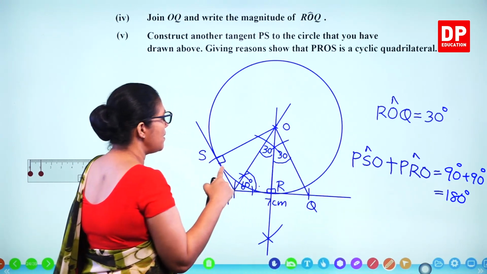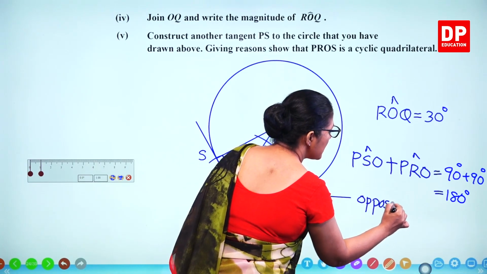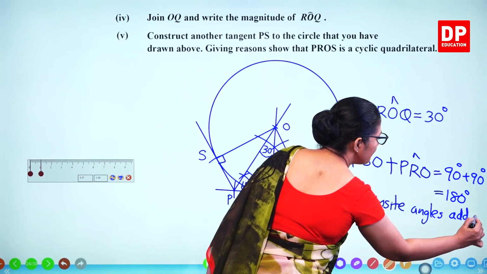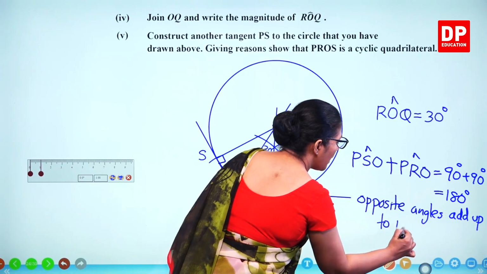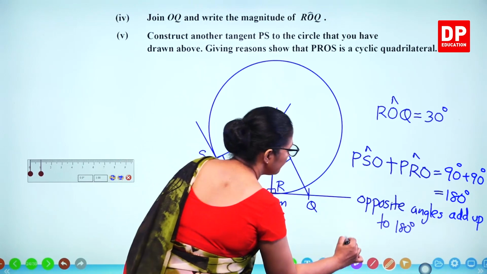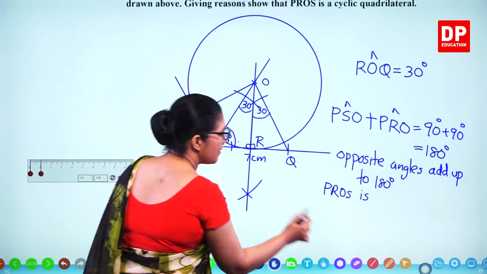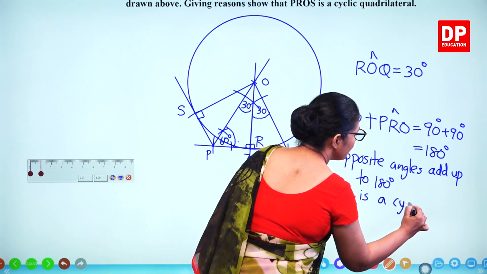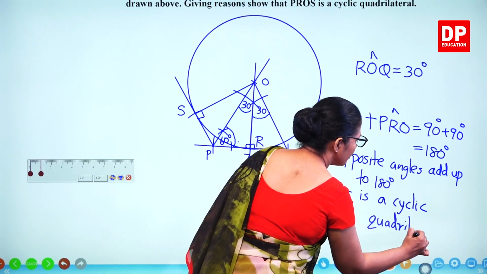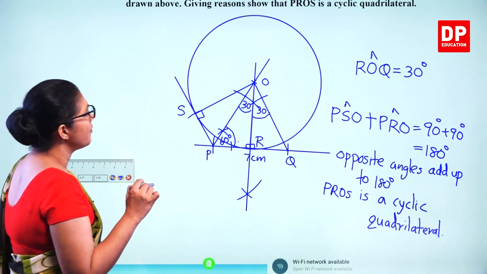So this is 180, which means the opposite angles add up to 180. So therefore PROS is a cyclic quadrilateral.